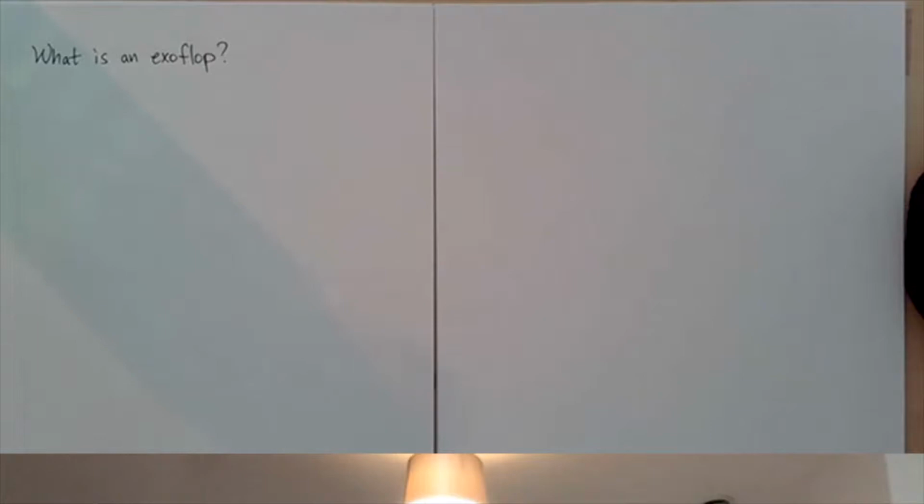So I wanted to talk about what is an exoflop. I didn't think about this when I was deciding to give this talk because I like these objects, but I find that they come with the baggage that they keep everyone unsatisfied. It's not quite a flop, so the birational geometers won't like it.